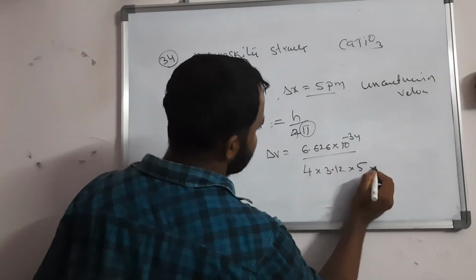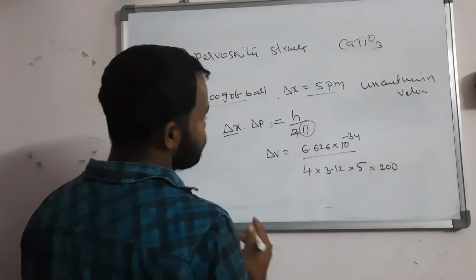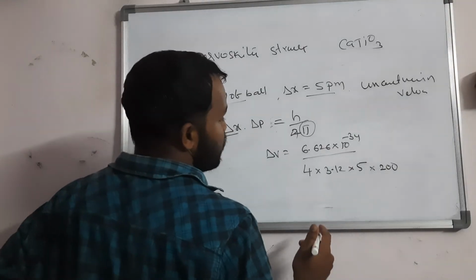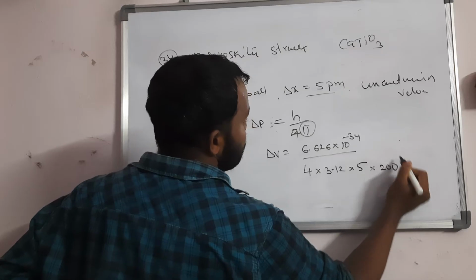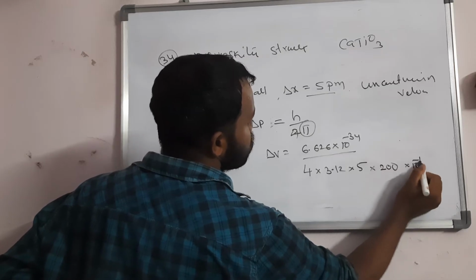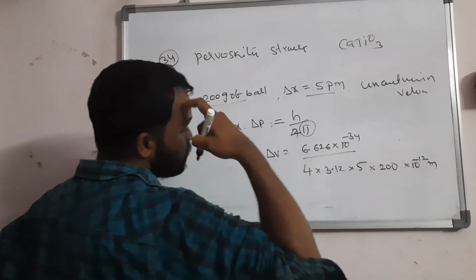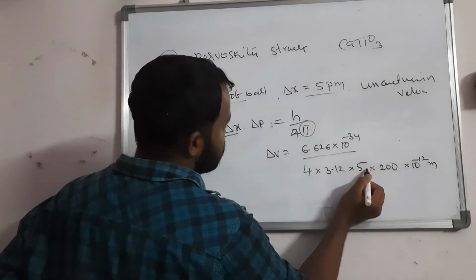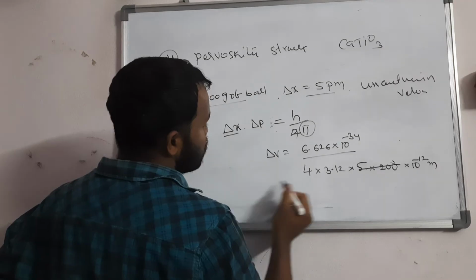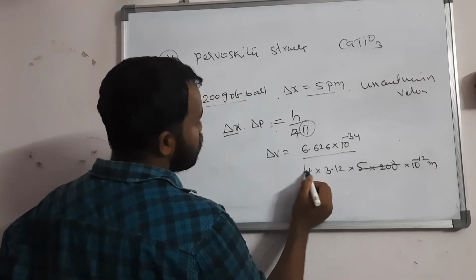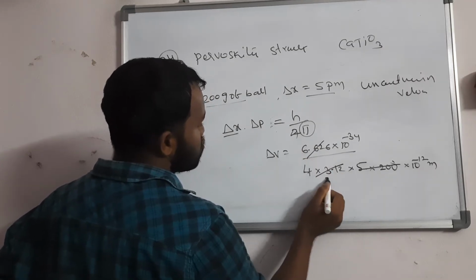M value is also given. M is 200, right? Picometers is 10 to the power of minus 12 meters. So 5 4s, this is 2 5s, this value is 1000. This is roughly 4 3s 12, 6 1s 6 2s.